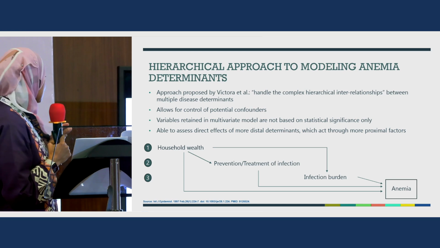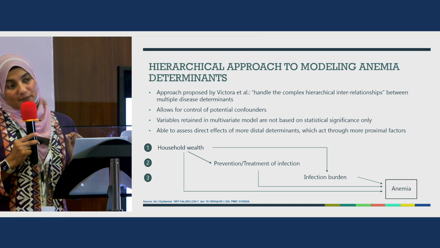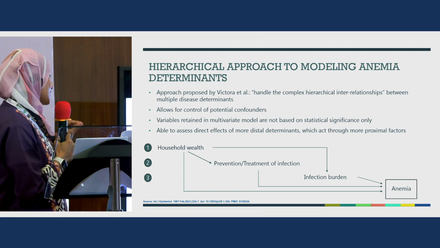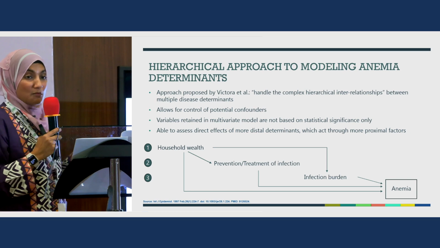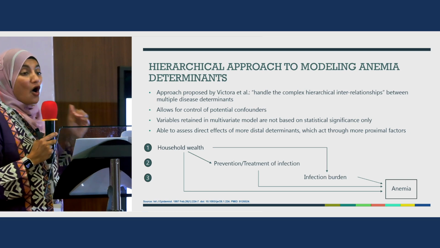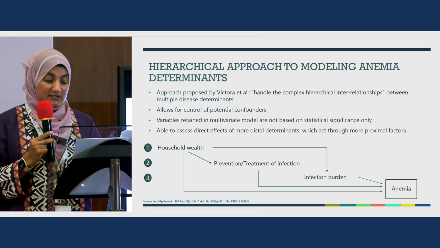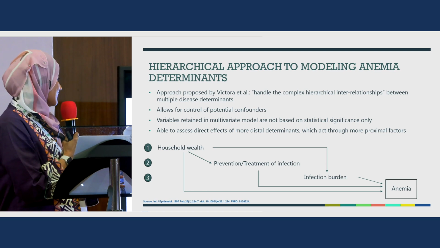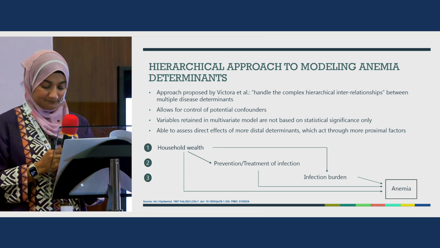Then in the second level, we would include the variables that capture the prevention and treatment of infection. And then finally, in the third model, which would have variables from the first and second level, altogether will give you a more complete picture of how these three different levels of variables can affect anemia as an outcome.